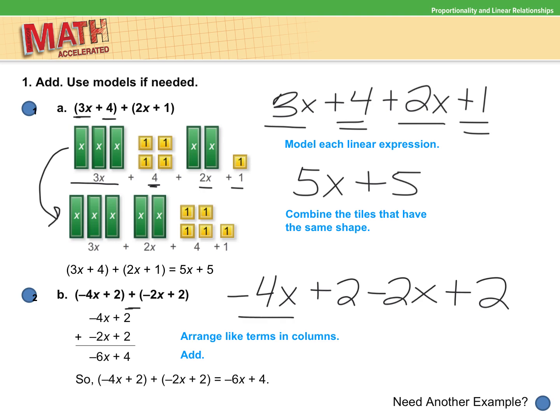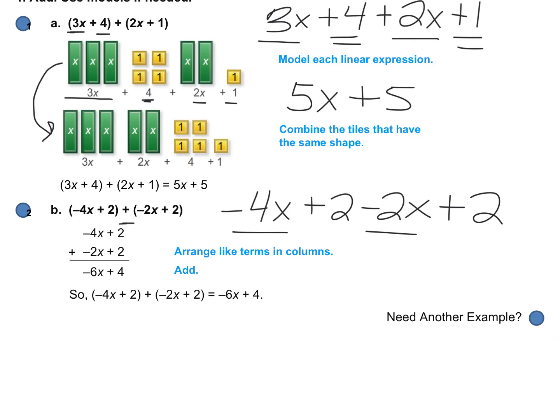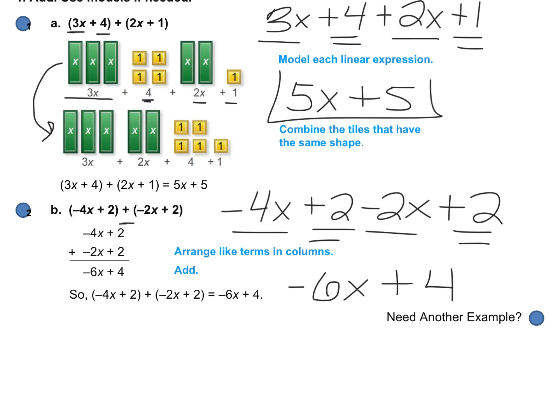Combine like terms. Negative 4x minus 2x. There we go, negative 6x. And then we have 2 plus 2. I know you all know what 2 plus 2 is. 11. Good guess. 22. 75. That could make sense too.